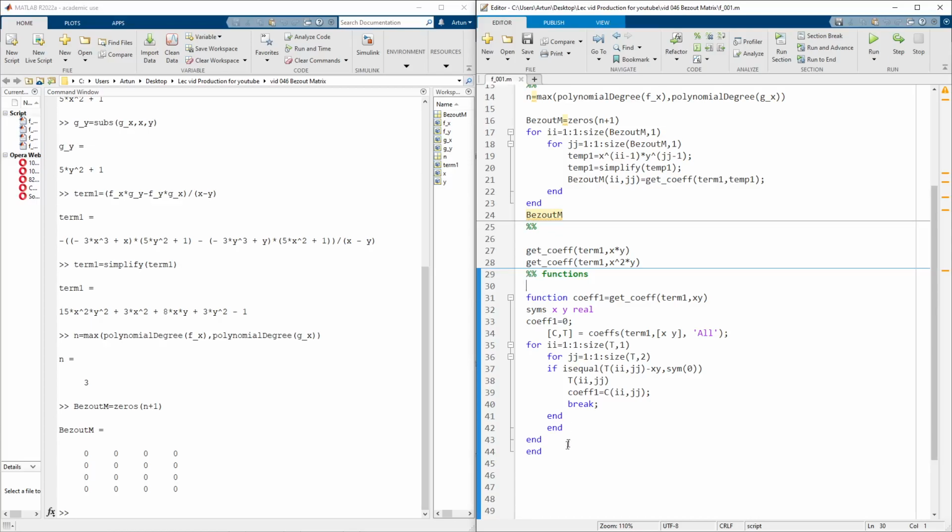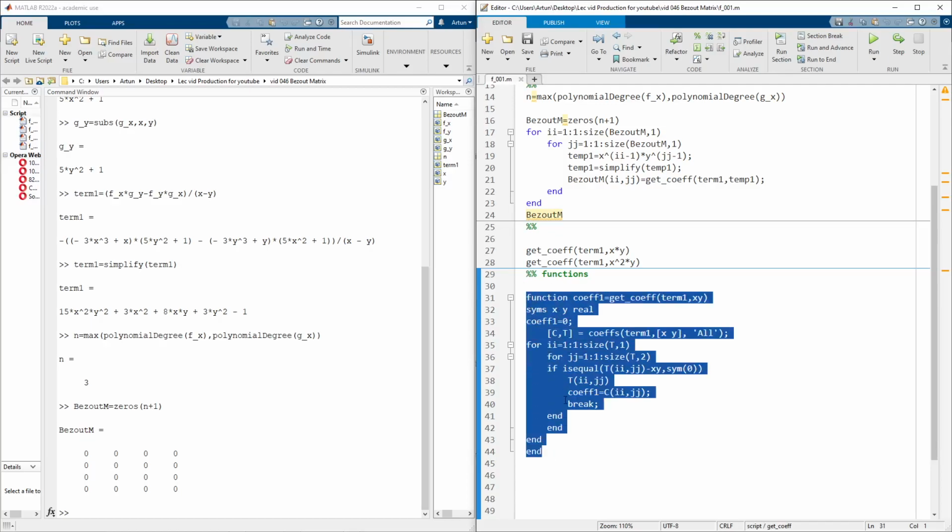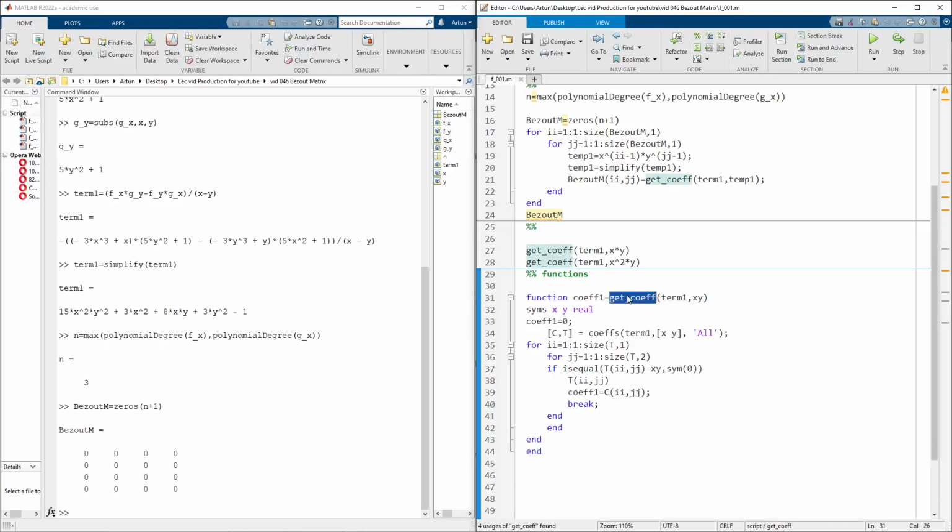I'm going to tell you what this function does. The name of it is get coef. You can imagine it means get the coefficient of some term. First of all, let me change the name. I'm going to call it expression 1.